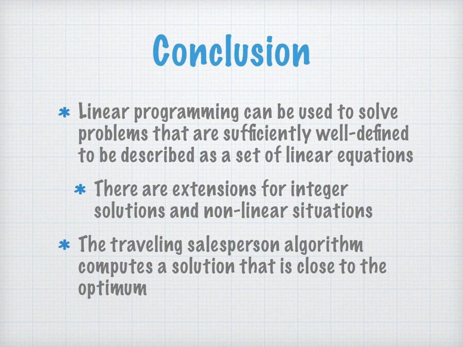The traveling salesman algorithm computes a near optimal solution. It is too expensive to compute all of the possible permutations in a long trip. But there are good algorithms for getting a very close approximation to the very best solution.